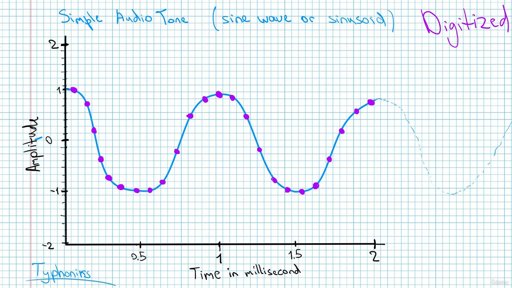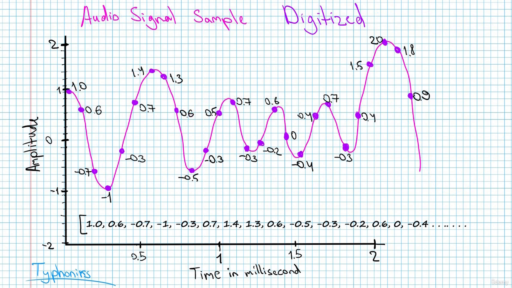Now, real-world signals like audio or radio waves are often more complex. When sampled, these signals also transform into numerical streams. For instance, an arbitrary waveform might produce samples like this: 1.0, 0.6, negative 0.7, negative 1, negative 0.3, and so on.